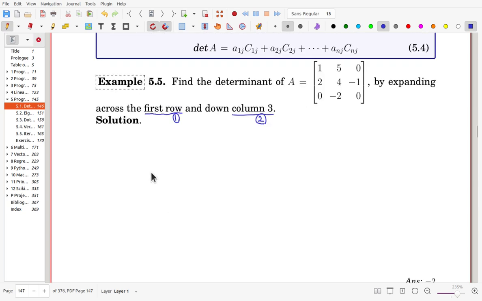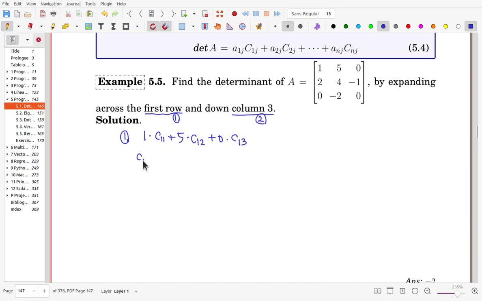Let's do the first task. First row: that is 1 times C11, plus 5 times C12, plus 0 times C13.